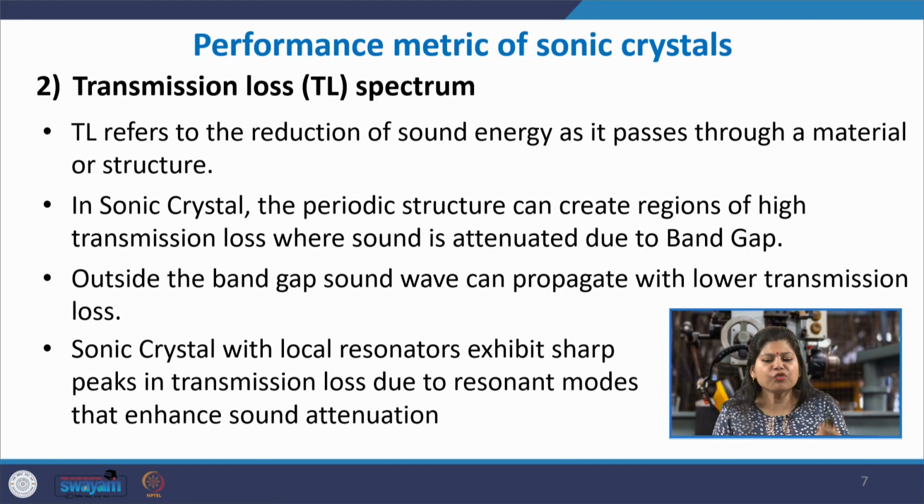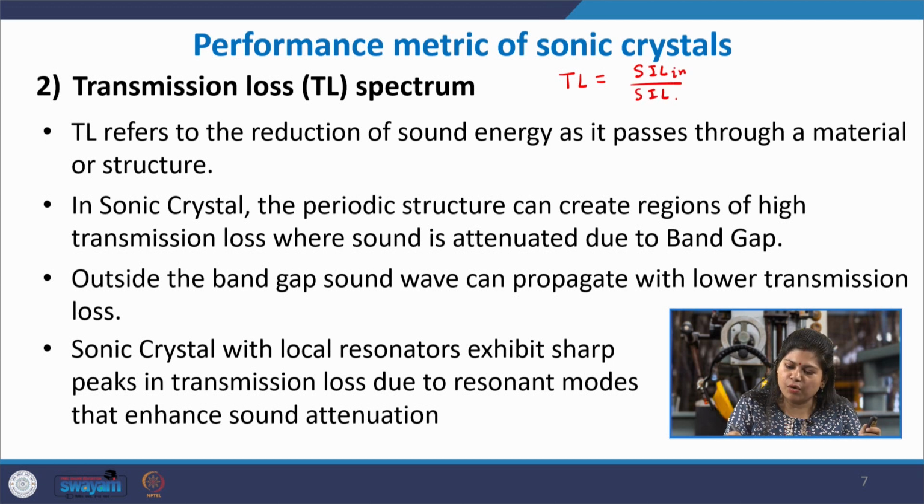The second kind of metric used to measure is the transmission loss spectrum. We already know what transmission loss is. Transmission loss is simply the sound intensity level of the incident wave by the sound intensity level of the transmitted wave, and the higher the transmission loss, the better the crystal structure is at attenuating those waves.